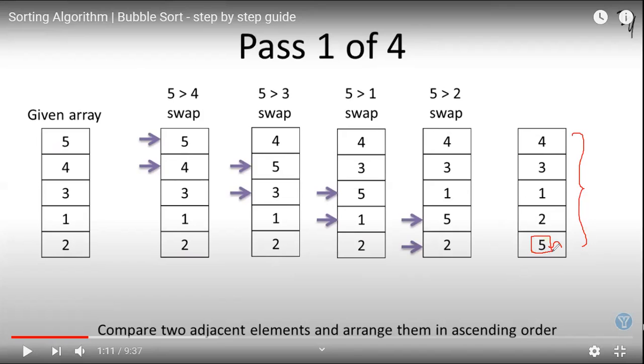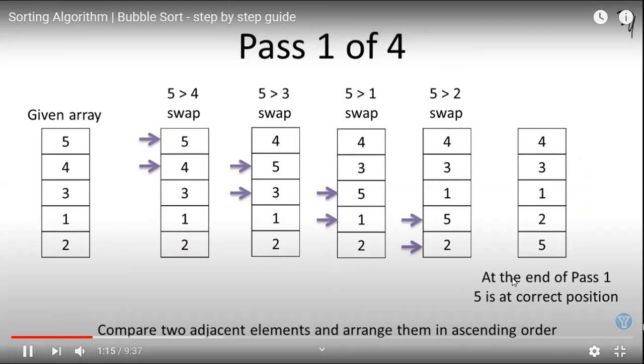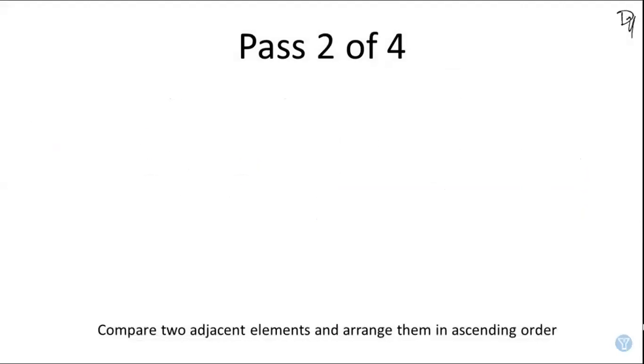At the end of the first pass, the largest element in the array will sit in its correct position. Next, this is our resultant array. So 5 is at the correct position, that is, the largest element is at the correct position.